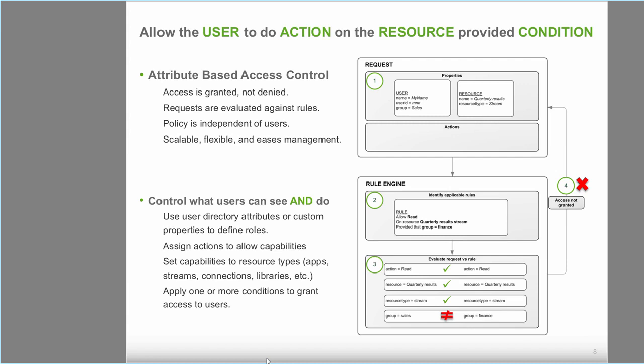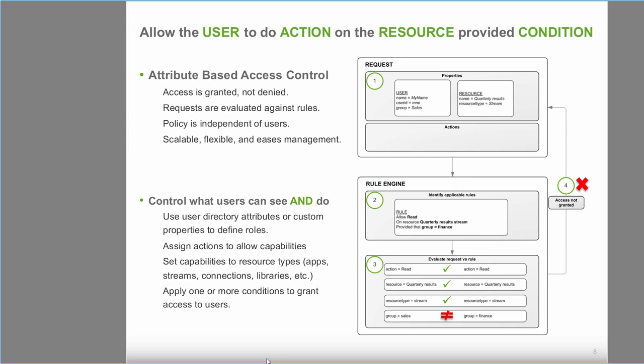So here we have someone who's part of the sales group trying to access a resource that's only available to the finance group. So through the evaluation, read access is granted, the quarterly results resource being the stream is identified as well, but there's a disconnect between the group that the user passed to the security rule and the actual policy that's been assigned from an attribute based on that group. Therefore, the access is denied.